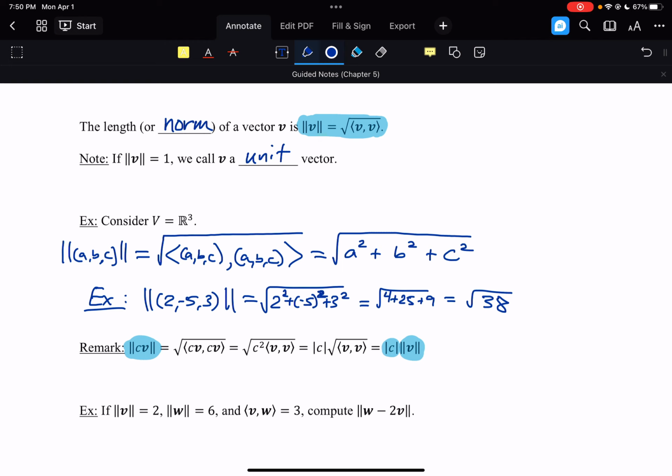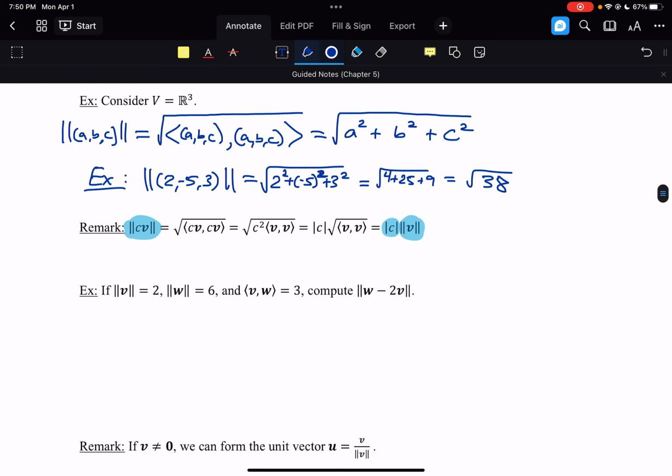Now, looking at this a little more conceptually, it's an interesting example. So we know the length of v is 2, the length of w is 6, and we know the inner product of v with w is 3. And it's asking us to compute the length of this new vector, w minus 2v.